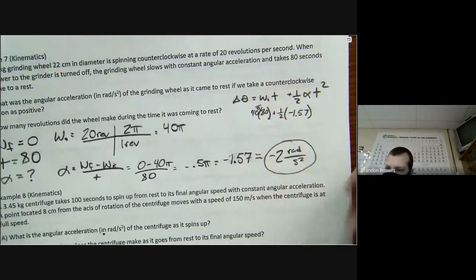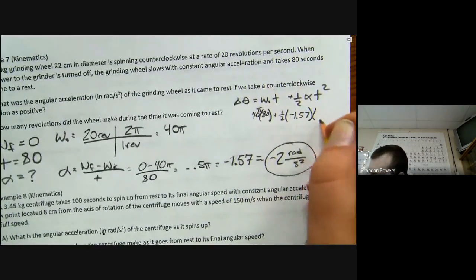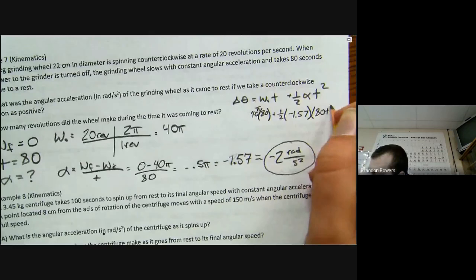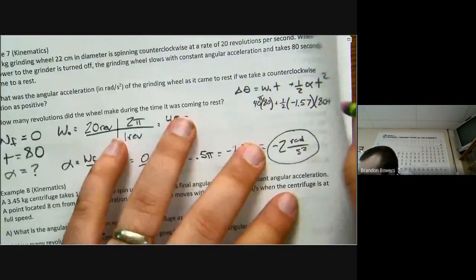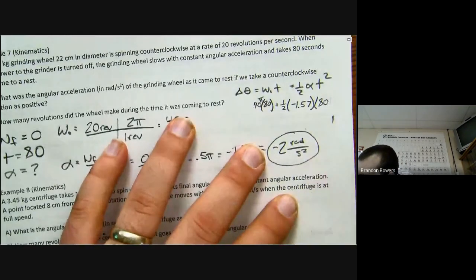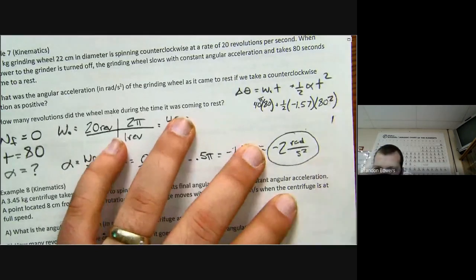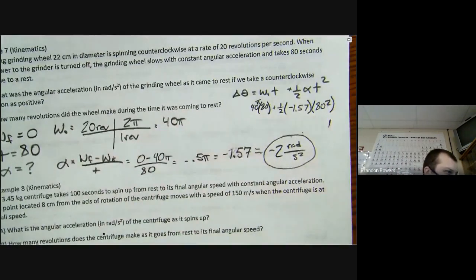Thank you. Time squared, 80 squared. Okay. So let's see, 40 pi times 80 plus 1/2 times negative 1.57.